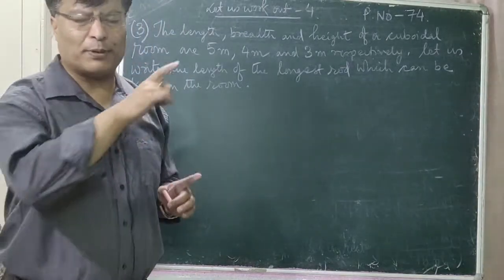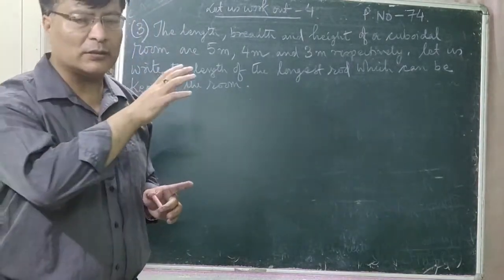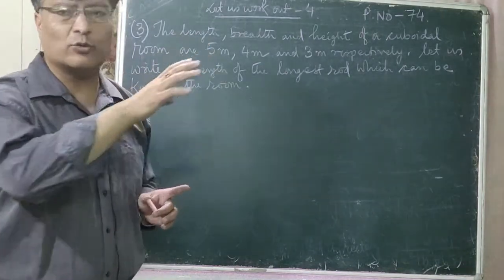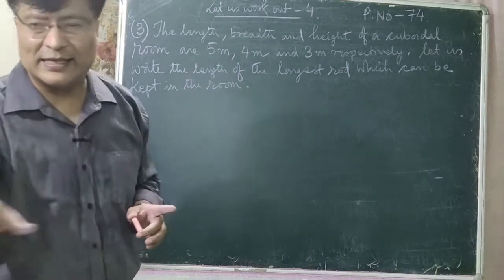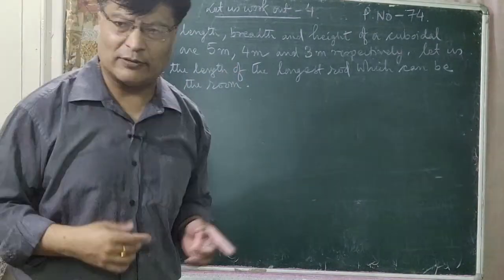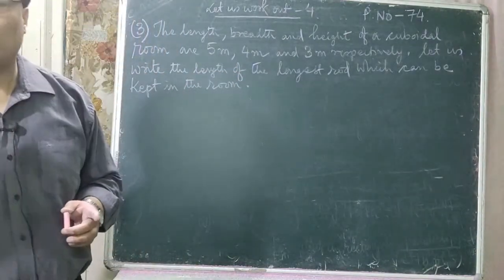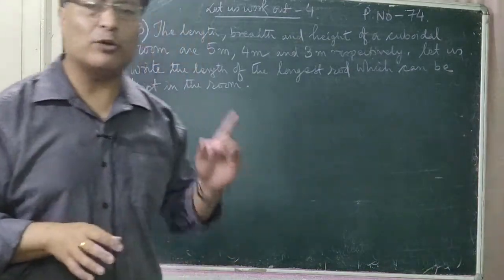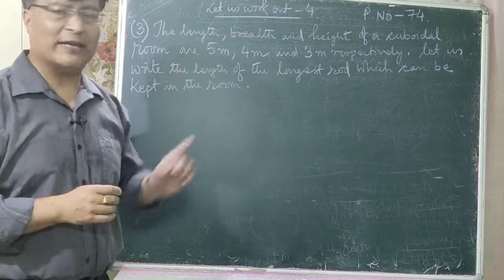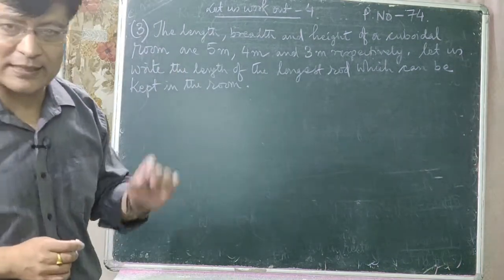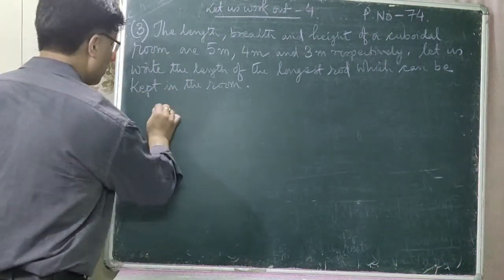The longest rod that can be kept in that room, you are asked to find its length. That is your diagonal. So diagonal is the longest rod that can be put in that cuboidal room. That means you have to find out the length of the diagonal. Is that clear?